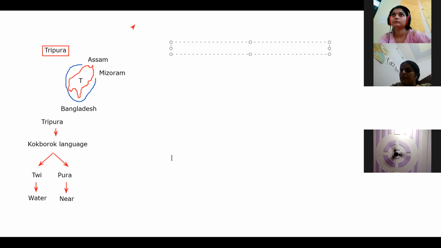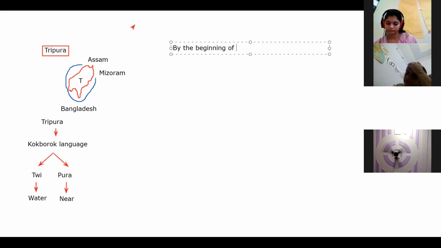And the next thing which we will discuss here is a little bit about Tripura's history.